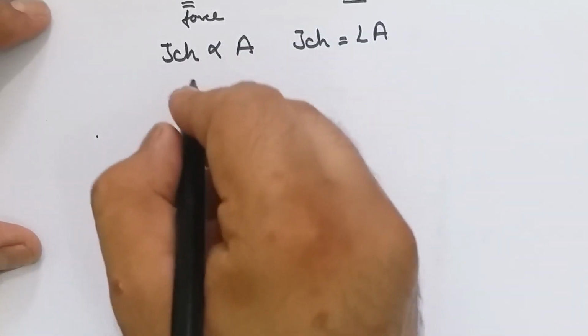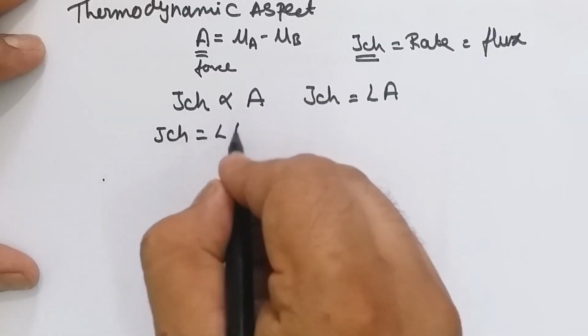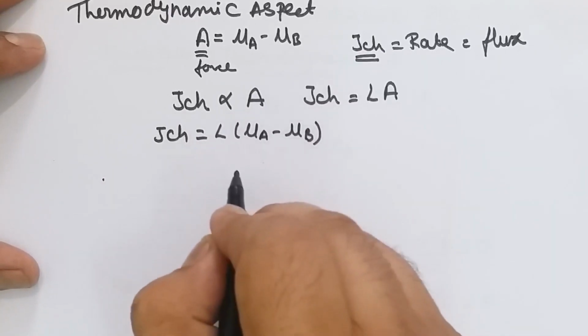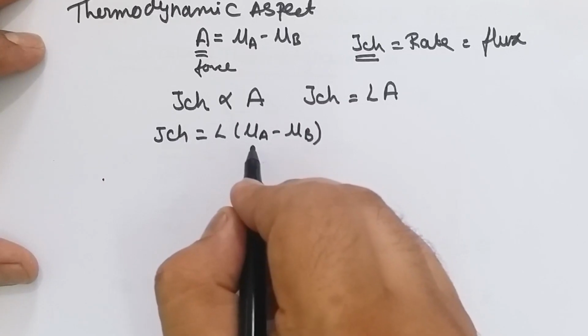Our expression will become JCH is equal to L into (mu A minus mu B). Okay, and mu over here is the chemical potential of the system.